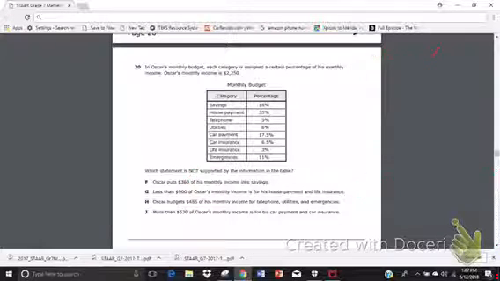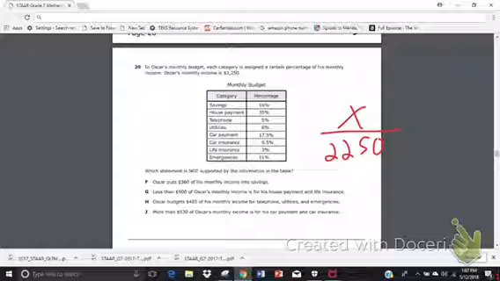All right. And this other one, H: Oscar budgets $485 of his income for telephone, utilities, and emergencies. Well, I cleared it over here. So once again, the total is $2,250. We're trying to find the dollar amount for that.